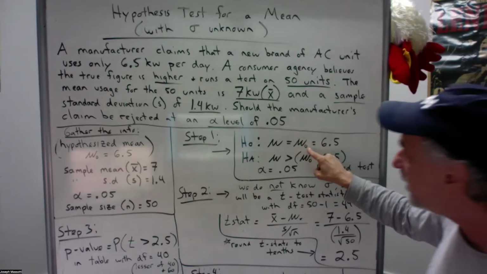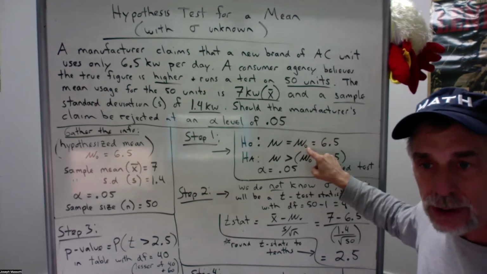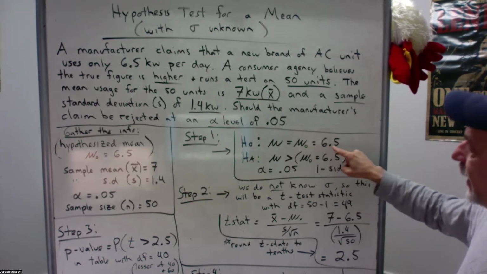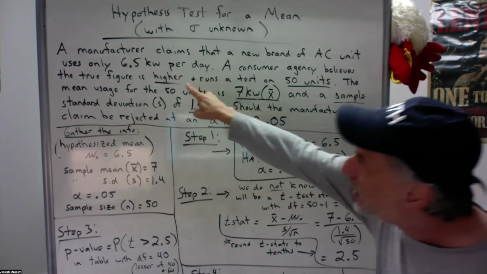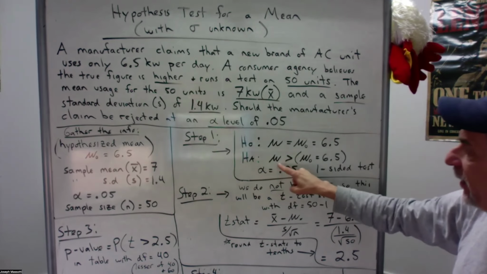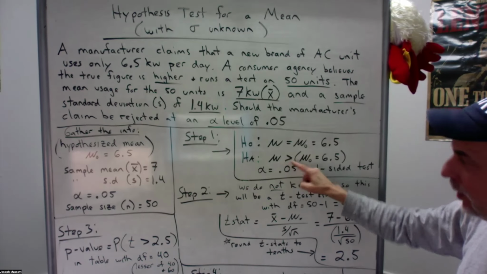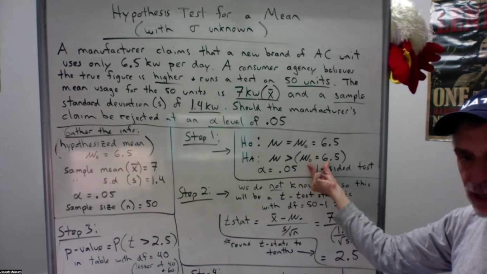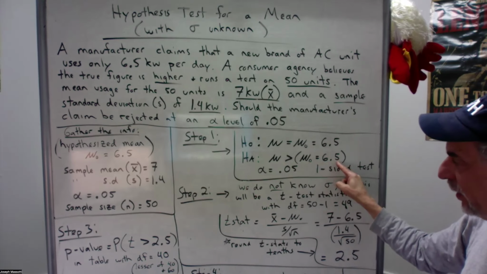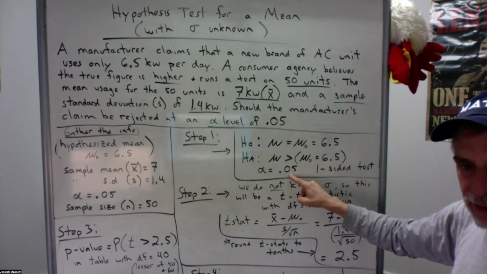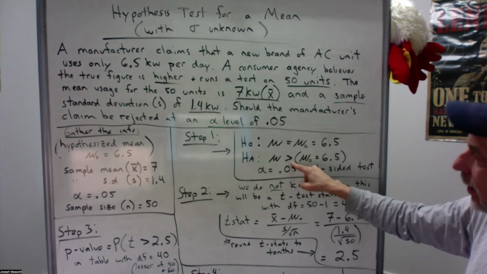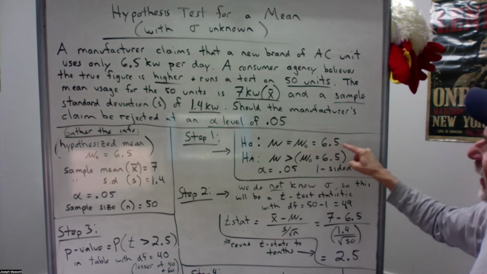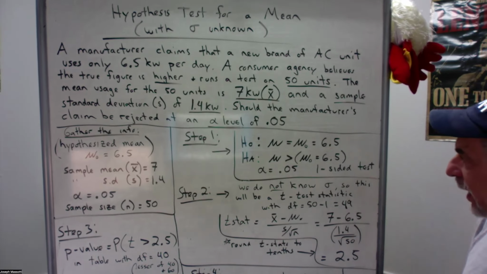We go into the test assuming the manufacturer is telling the truth, and that mean is 6.5 kilowatts. We're running the test to see if it's higher, if it's more than that hypothesized value of 6.5. We were told what alpha level to use. It's a one-sided test because we're just looking for evidence that it's greater than the 6.5.